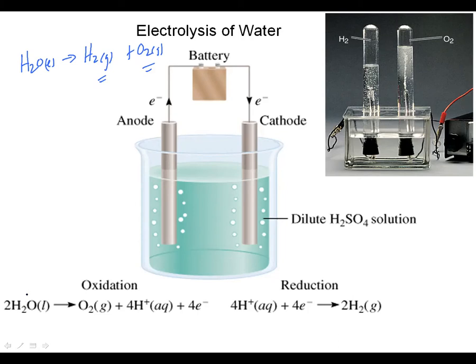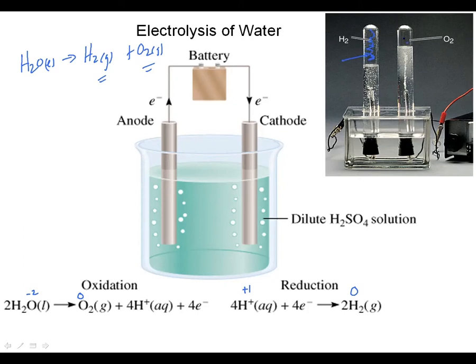Oxygen in this case is going from -2 to 0, so it is losing electrons and becoming more positive, while our hydrogen here is going from +1 to 0, and it is getting reduced on this side here. And we see the bubbles in these two test tubes. The bubbles are the oxygen gas and the hydrogen gas that's being generated. In this particular case, the void volume is where we would have the gas.